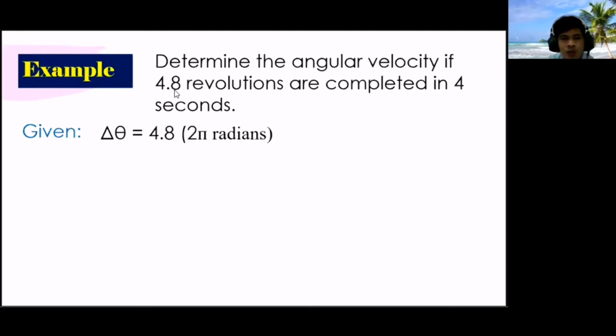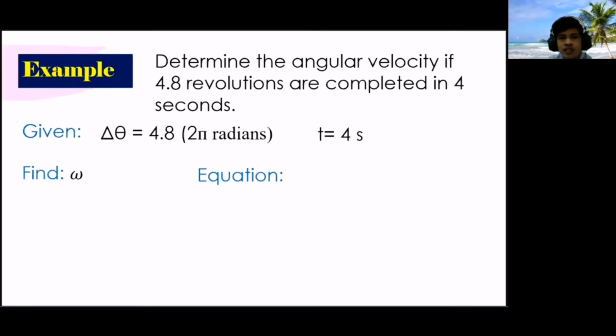So we need to convert this 4.8 revolutions to radians. So that is 4.8 times 2 pi radians. That is one of the first given. Next, we also have the time in seconds, of course. And then we are going to find the angular velocity, or omega.